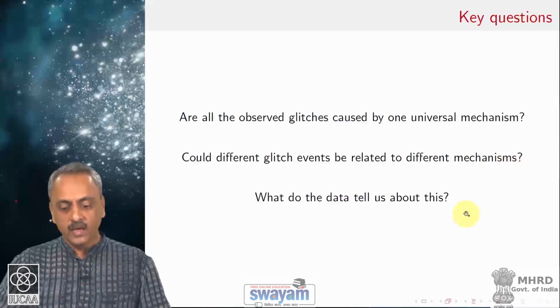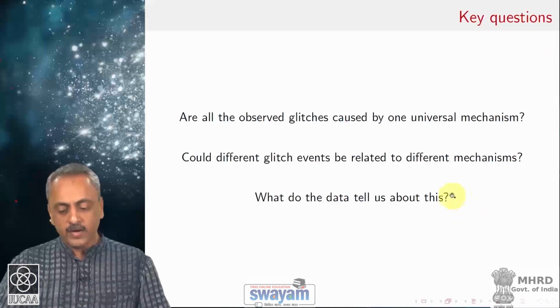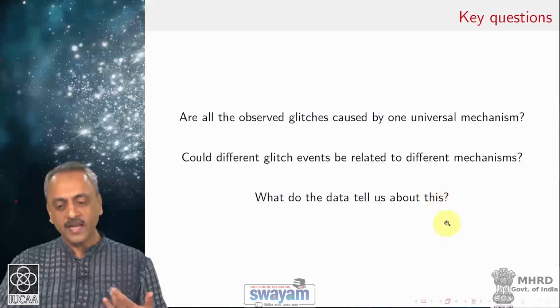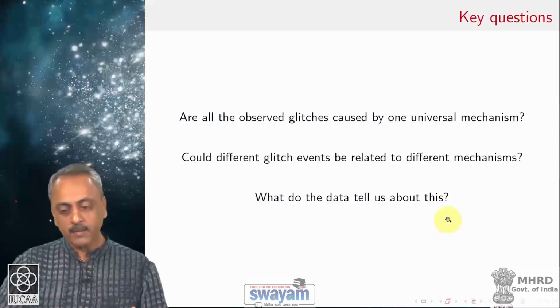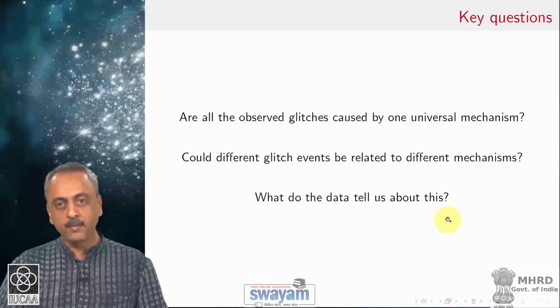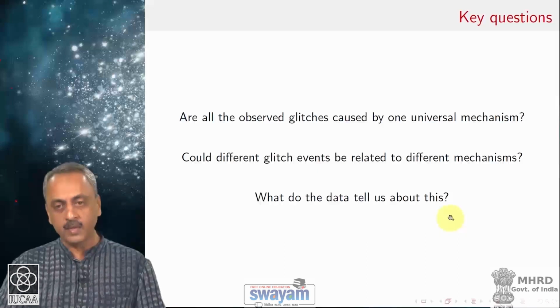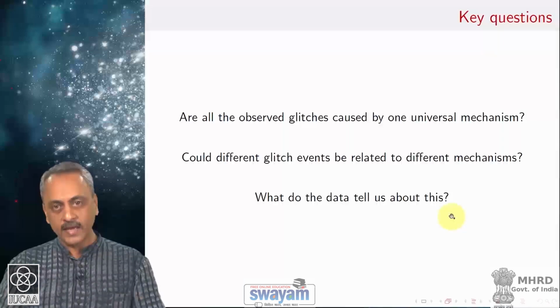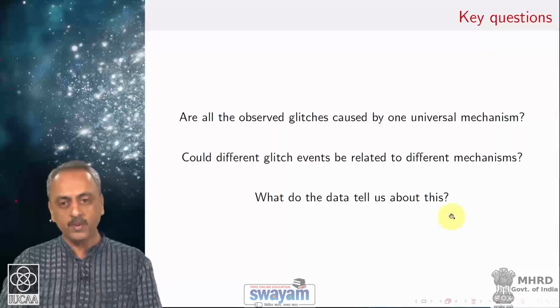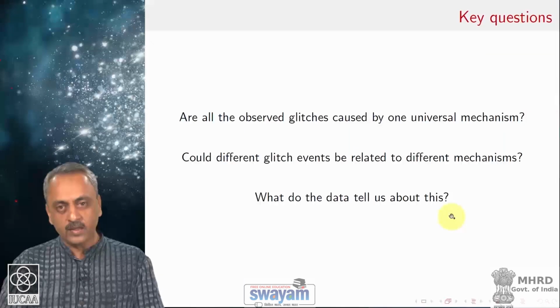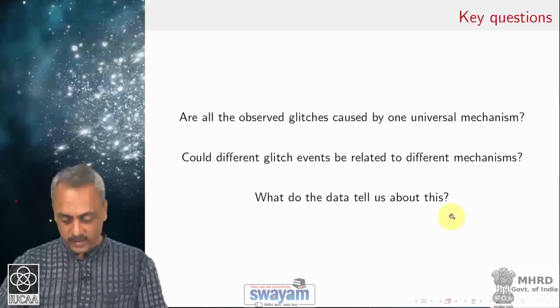And the question is, whatever data we have, do they have any indication that there could be multiple physical mechanisms possible? Could there be multiple populations of glitches, implying at the physics end that there could be more than one mechanism that causes glitches?